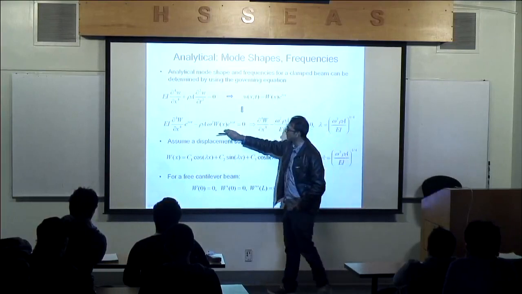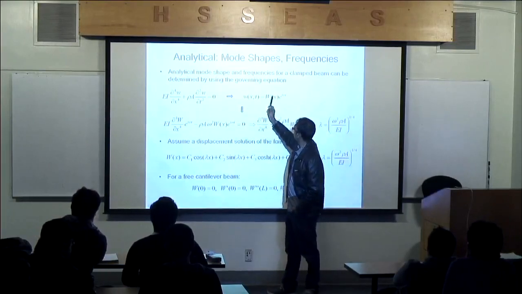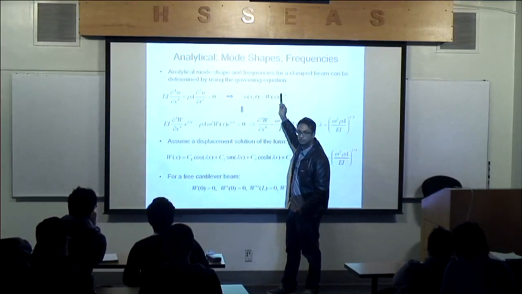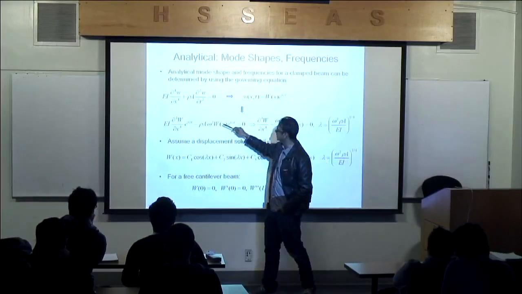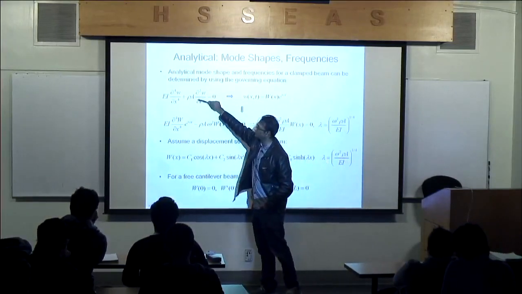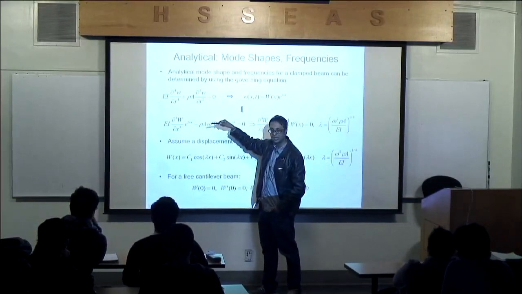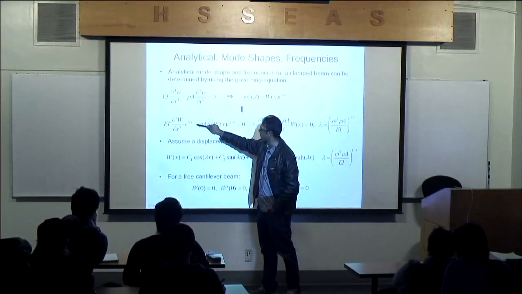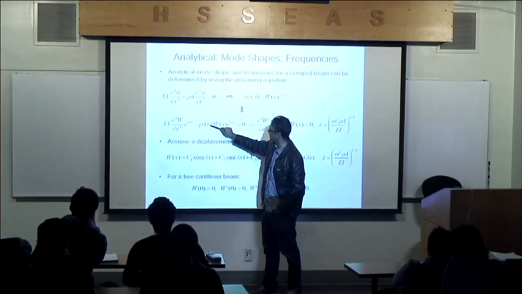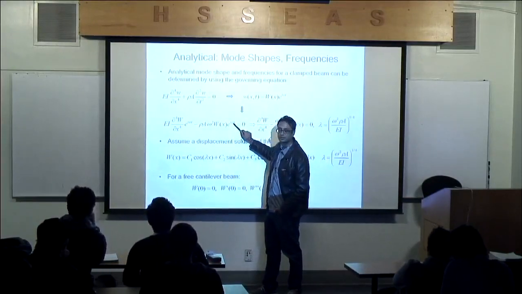and I substitute this in here, what you will find is that I'll have twice derivatives on e to the i omega t, and I get i squared, which is minus 1, that's why you see that minus 1, and the omega squared is from the second derivative of e to the i omega t.